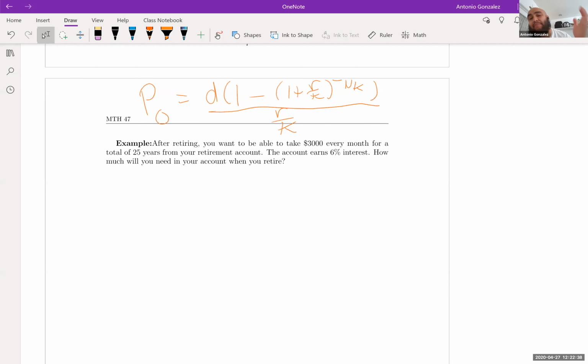Instead of the deposit, D represents the withdrawal. So we're aiming to take out $3,000 each month.